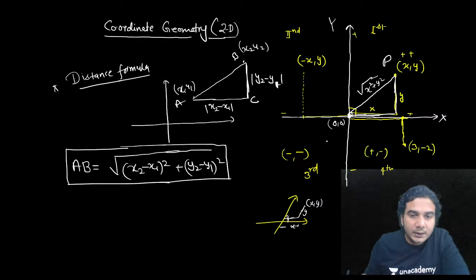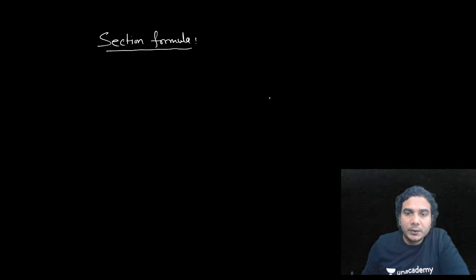Now moving on to another formula, which is called the section formula. Let me tell you that also. If you have 2 points, this is x1 y1 and this is x2 y2, then how do we derive this section formula?